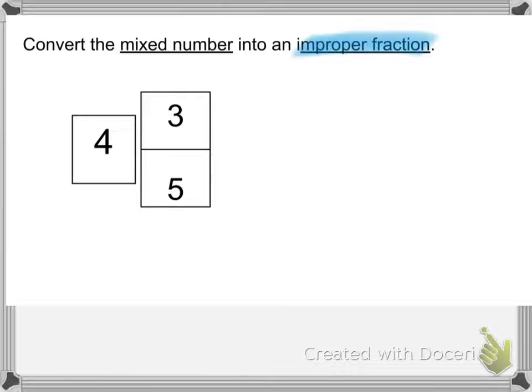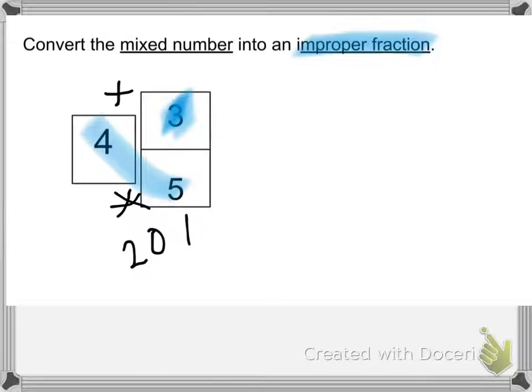Super easy to do. All you have to do is take 4 times 5, so my whole number times my denominator. 4 times 5, which equals 20. And then you have to add the numerator, so my 3 at the end.